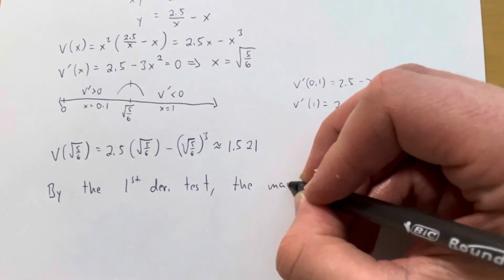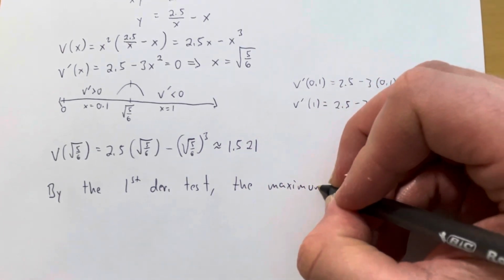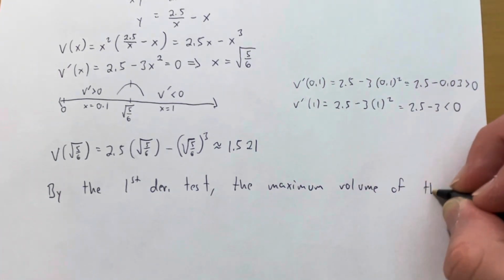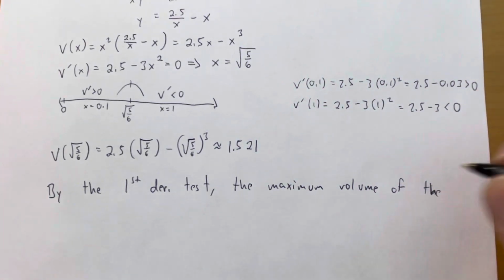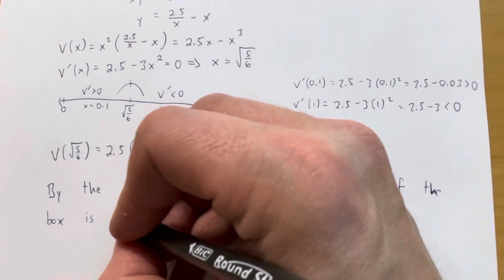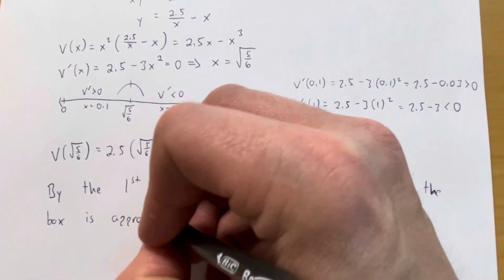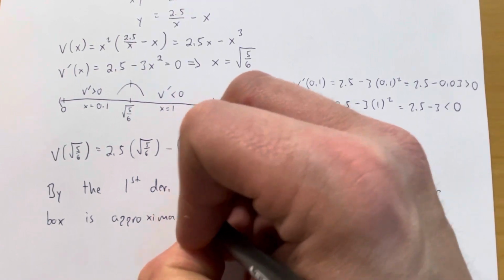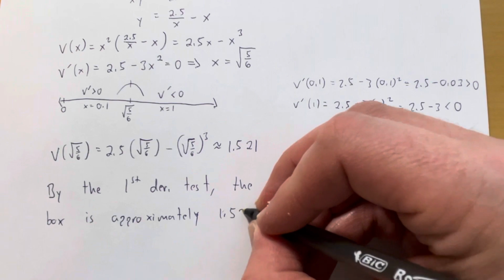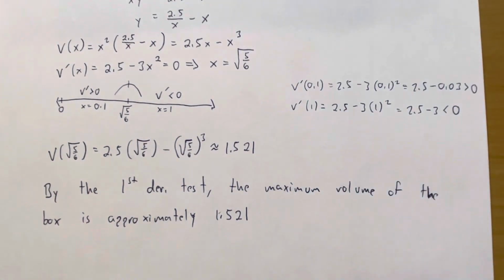Okay, so now let's state our conclusion by the first derivative test. The maximum volume of the box is, I'm going to say approximately 1.521. Now think about units here.